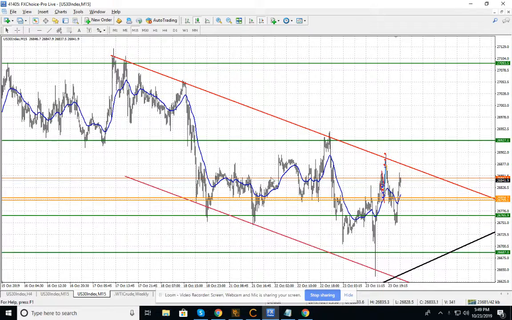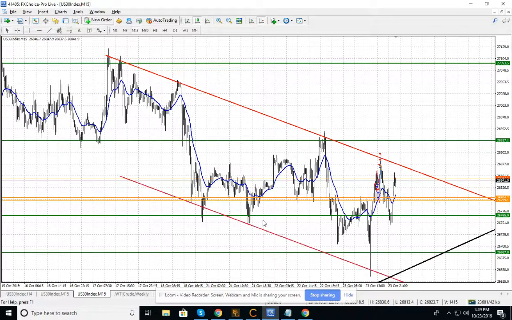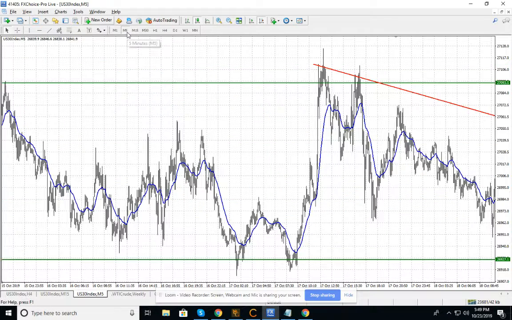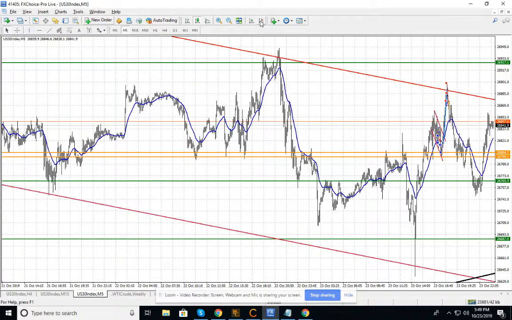I had some horizontal levels drawn in green, and I had this trend line and made it into a channel, the red color here. So this was sort of the bigger picture, relatively speaking, right? Because we've been going through short-term trading. So this is really what the picture looked like coming into today's session.